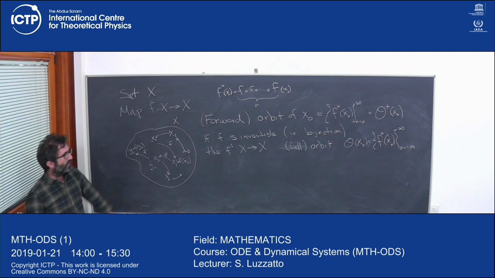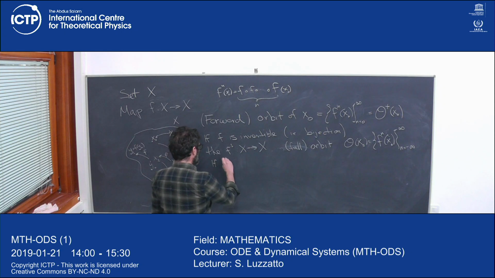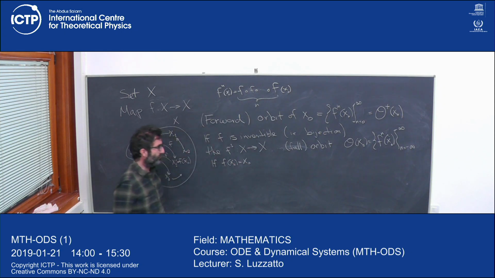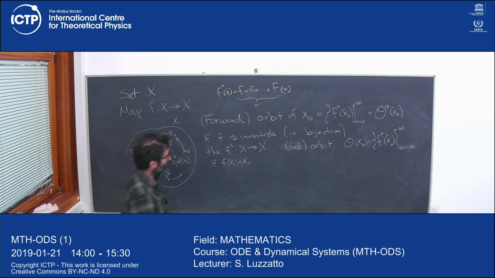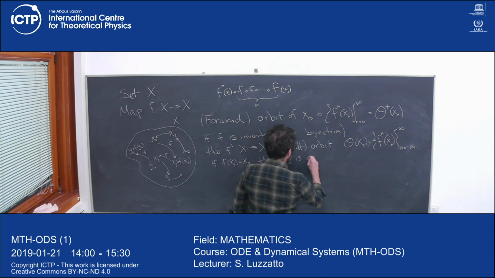So before I start giving some examples, because otherwise it stays very abstract, let's immediately say there's some very special cases of orbits, right? So if f of x0 equals x0, then x0 is called a fixed point, because x0 maps to x0. It's a fixed point.